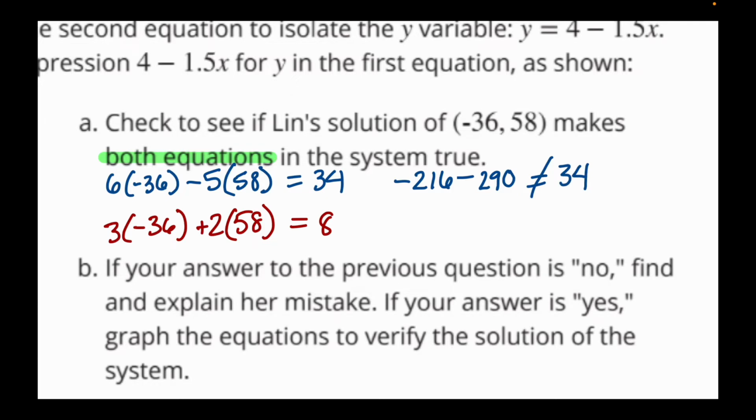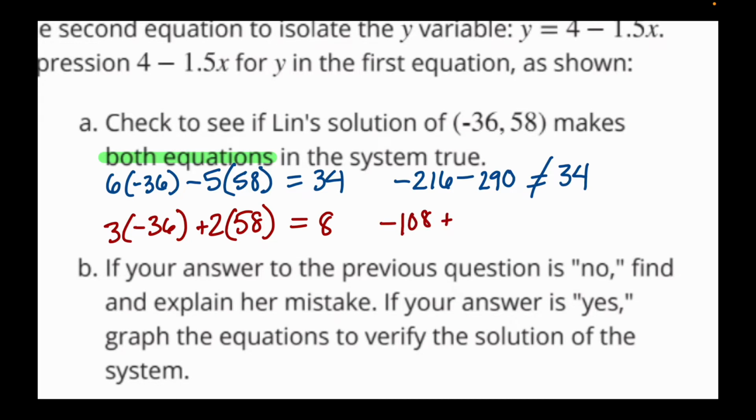So we really only need to check one, but we can check the other one and just see if the second one works. You could have checked the second one first, and either way, I'm going to show you what it looks like. So negative 36 times 3 is negative 108.